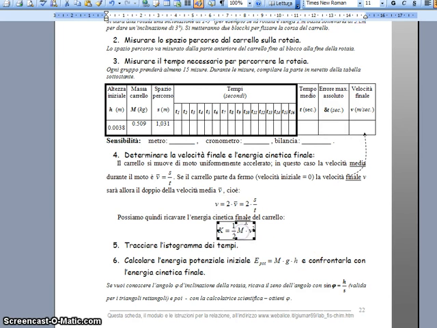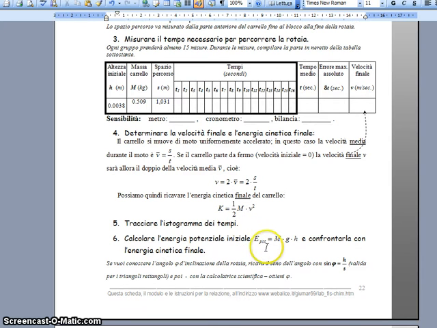Later you can determine the kinetic energy. The value of the time you have to use in this formula is the mean, the average of all the times. Okay, the space is this number, and now you have to determine the gravitational potential energy at the beginning. You know that this is the formula.